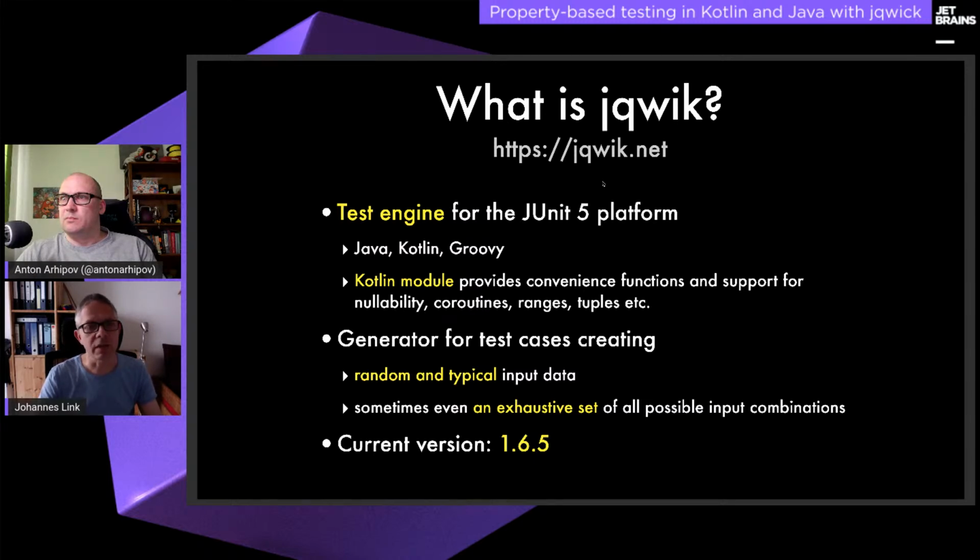That's why it's much easier now to come up with your own way of interpreting, writing and running tests, because the platform does so much for you. And this is what a test engine does, and I think Kotest is doing that as well. It's also a JUnit 5 engine, or at least it can be used as one.